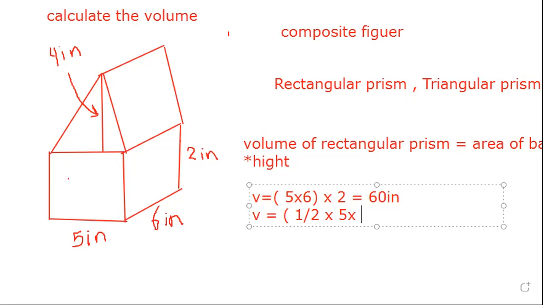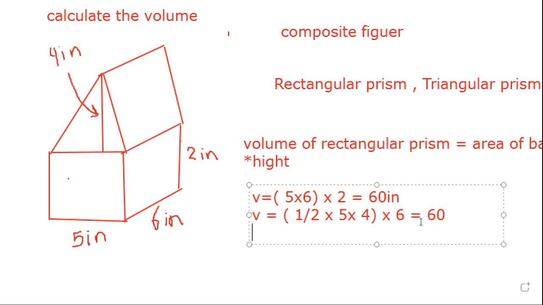Okay, so it will be half times 5 times the height of the triangle, which is 4, times the height of the triangular prism, which is 6. Yes, very good. Then 4 times 5 equals 20, times half equals 10, times 6 equals 60.